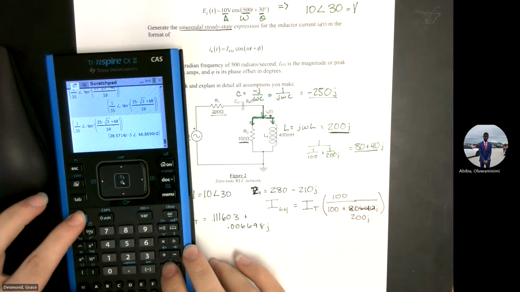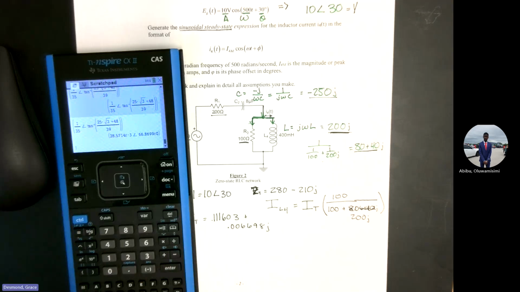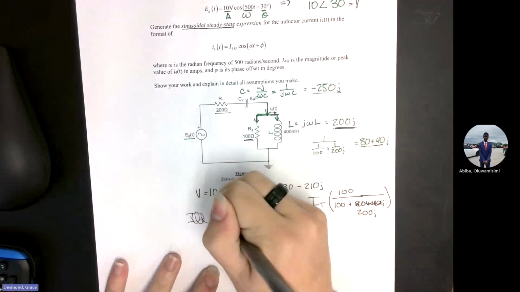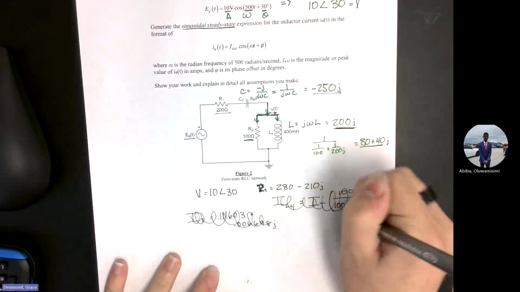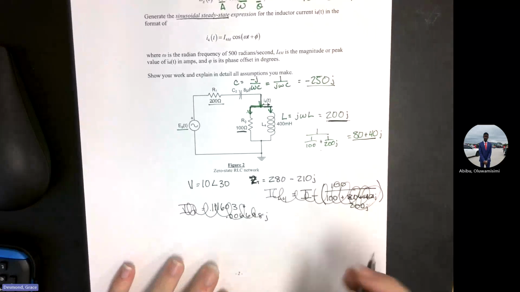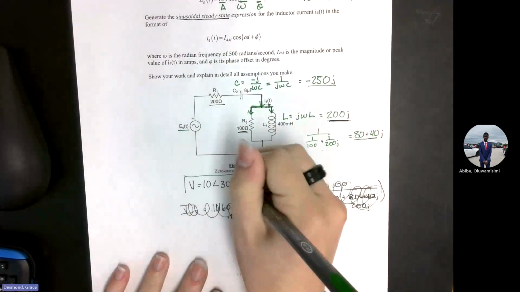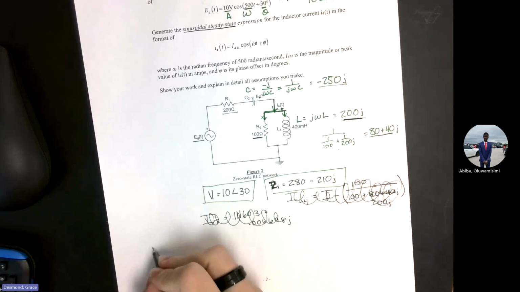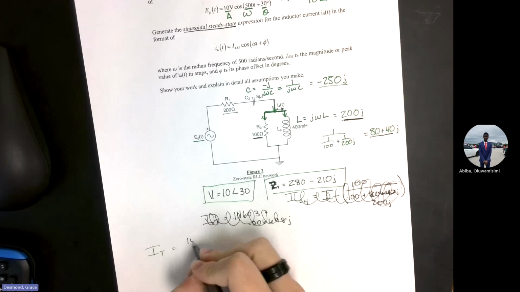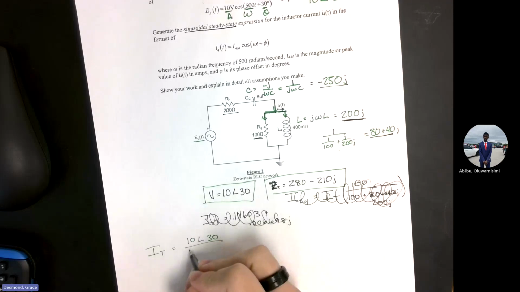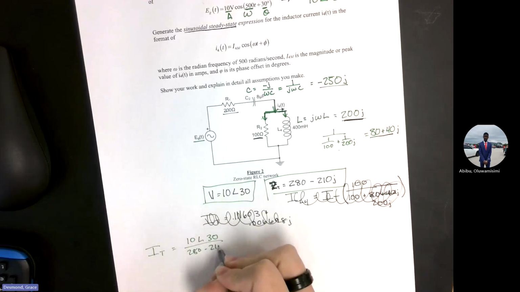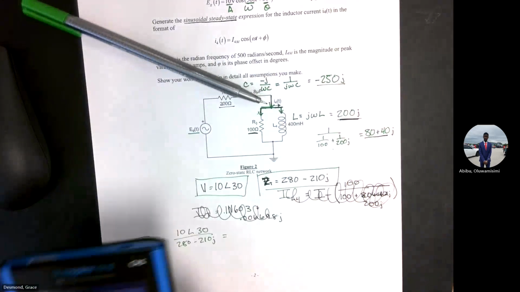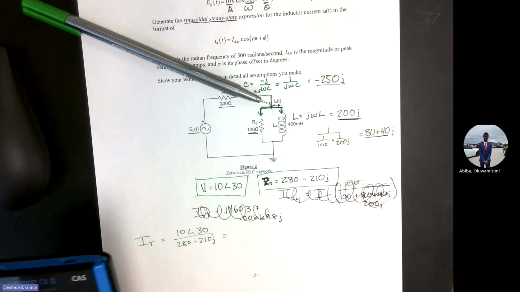Okay. So what we're gonna do, we're gonna cross out all of what I just did. So now we have this voltage, this is what we're gonna look at, and this resistance, and we're gonna say that I total is equal to 10 phase angle 30 divided by 280 minus 210J, which is equal to, make sure I did this right again.